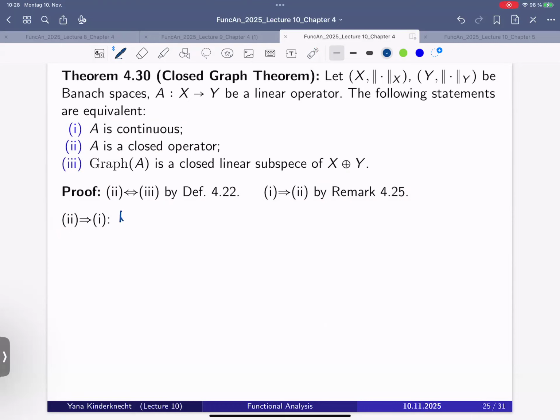So once again, A is now defined on the whole space and is closed. This is our assumption. We want to show that A is continuous. So let this norm be the graph norm on D, which is equal to X.